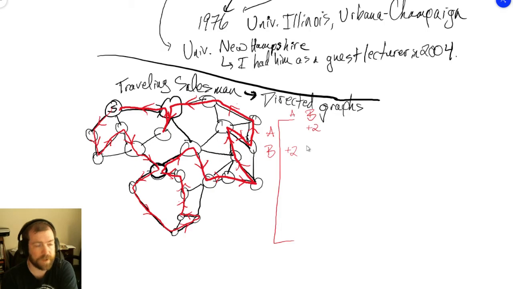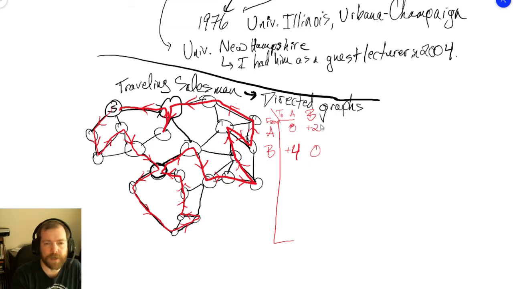Although it could potentially be more, if you can't go this particular route, or if there's a one-way area, or if there's construction or things like that, then there's a detour. So you've got to go 4 miles if you want to go from B to A. From A to A, from B to B, these are all zeros, so it's not going to help you any. And you're going to get an entire matrix that is built out with every single city connected to every single other city.